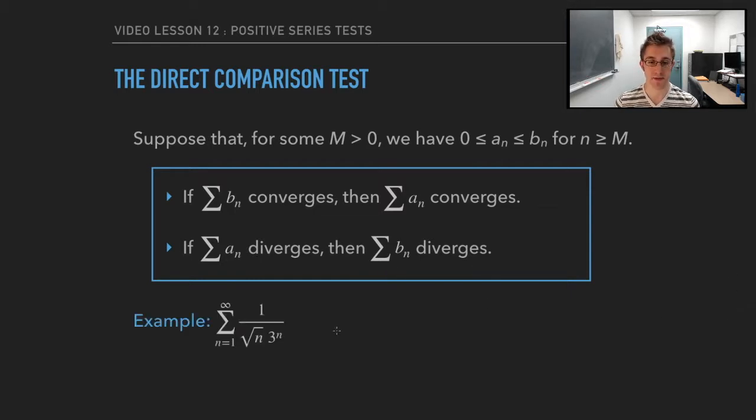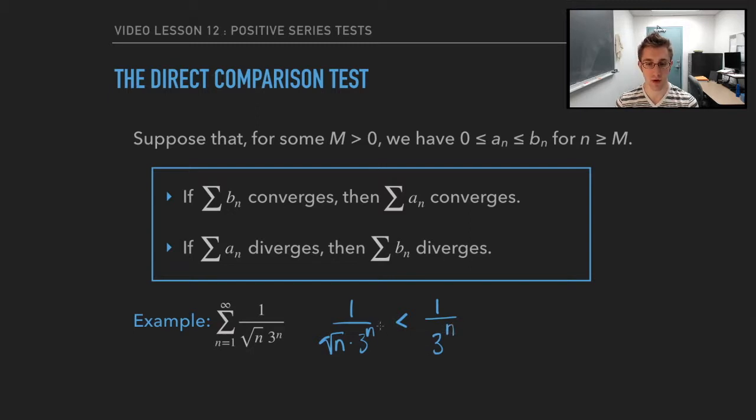Here's a quick example. I have the sum of 1 over square root of n times 3 to the n. I notice that as long as n is bigger than or equal to 1, square root of n is at least 1, and so multiplying the denominator by square root of n makes the entire value smaller, because I'm making the denominator larger, and so I get a smaller number overall.